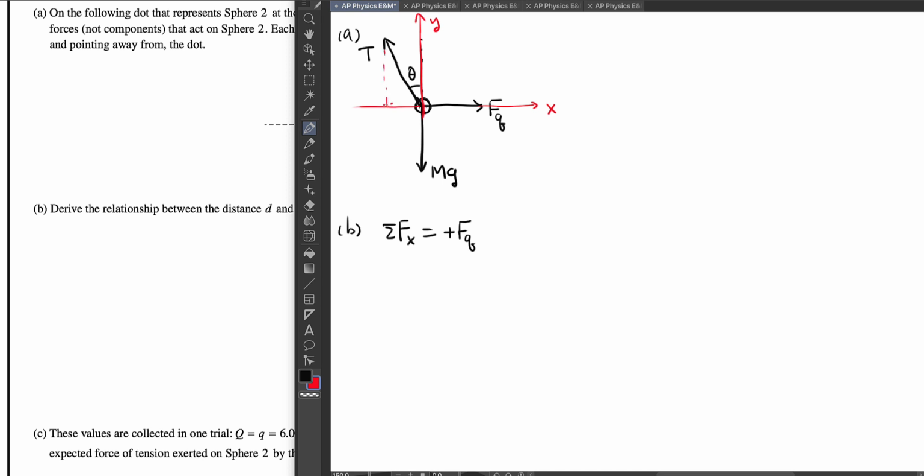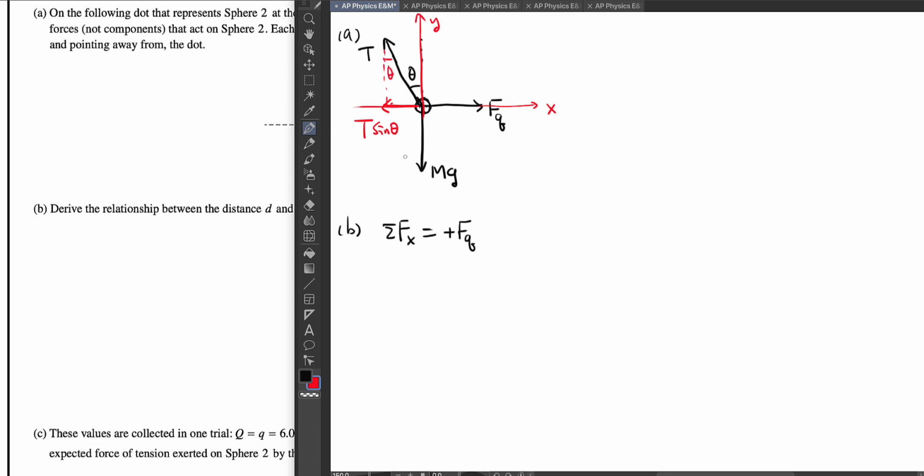So let me decompose the tension force using the angle theta. So it's T sine theta, because this side is the opposite of the angle theta.